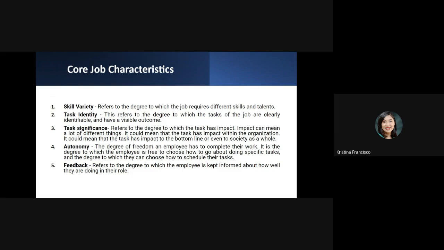We also look into autonomy as a key motivator, and that when employees have control over their work, they feel more responsible for the result and are less likely to feel micromanaged. Additionally, feedback is essential as positive feedback boosts self-esteem and motivation, while timely negative feedback allows for correction, helping to prevent major issues and improve performance.